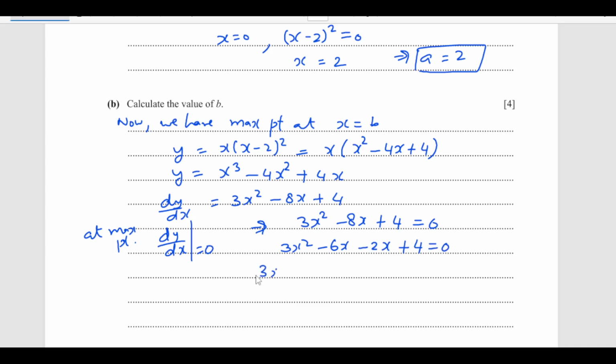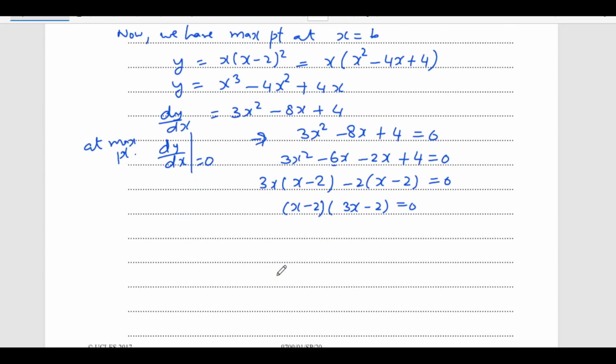So, 3x is common, so it is x minus 2 in the first, and minus 2 common in the second, giving x minus 2 equals 0. When we take out the 3 common, here we will have only 2 left inside. Then we have x minus 2 into 3x minus 2 is equal to 0.